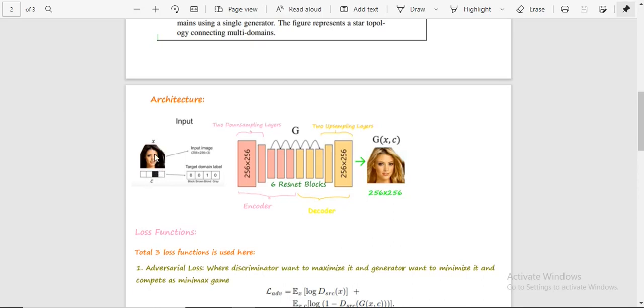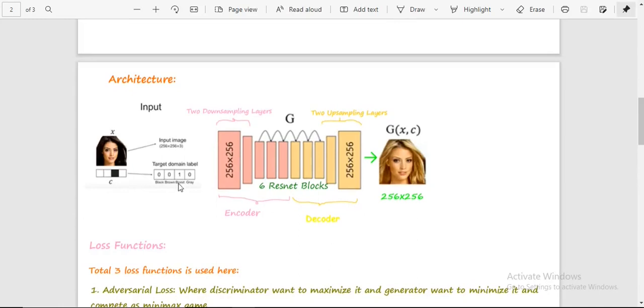Here the hair color is to be changed to blonde, for example, and that is given by the target domain C, which is a one hot vector. For example, this wants to translate to blonde hair, that is 1 and the others are 0, so it is a one hot vector.